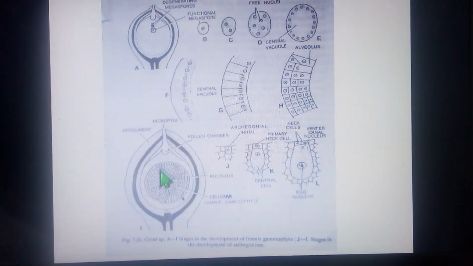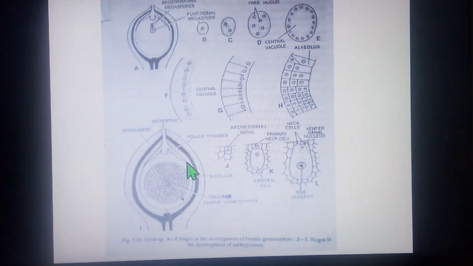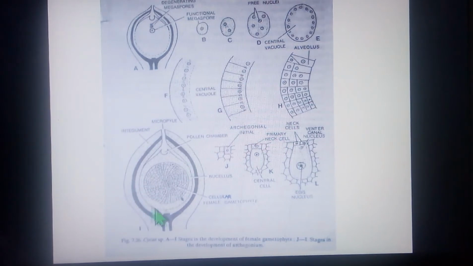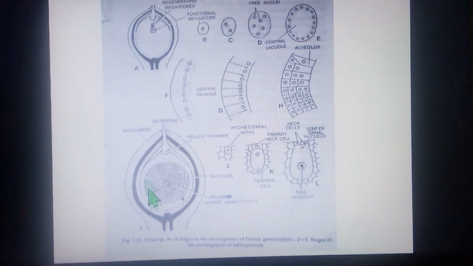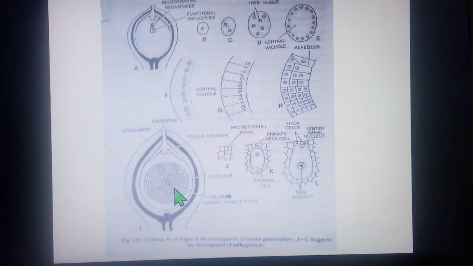Now you can see that this layer closely resembles the tapetum of other plants. Okay, what is the tapetum? It is a specialized layer of nutritive cells. So this endosperm jacket also serves the function of nutrition. It provides nourishment to the developing endosperm. Now the gametophytic tissue shows two regions.